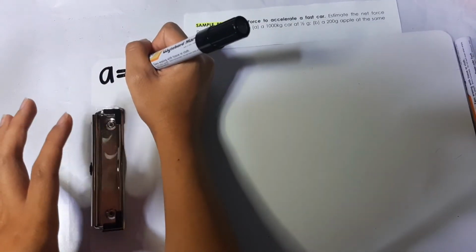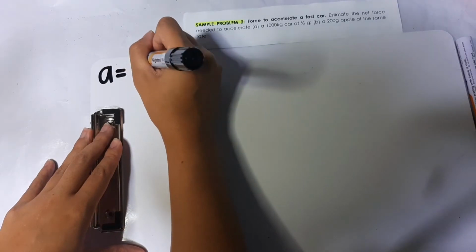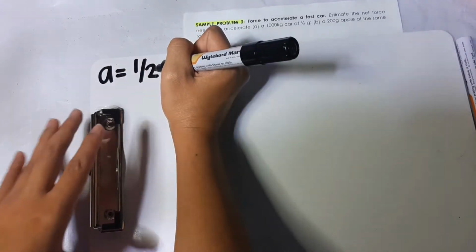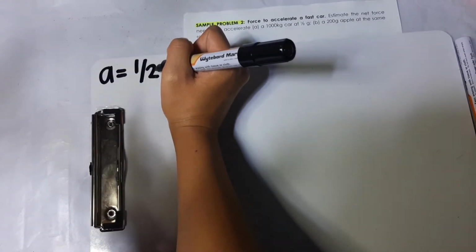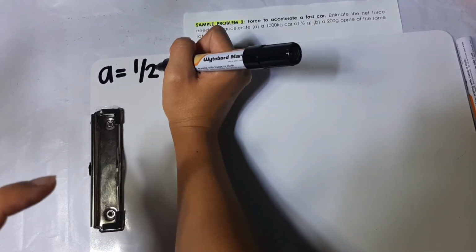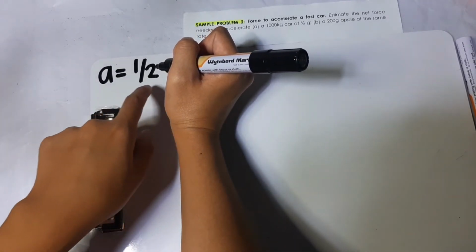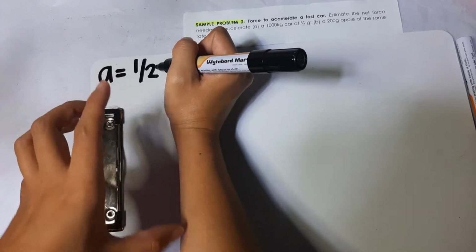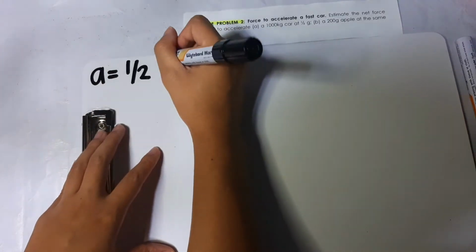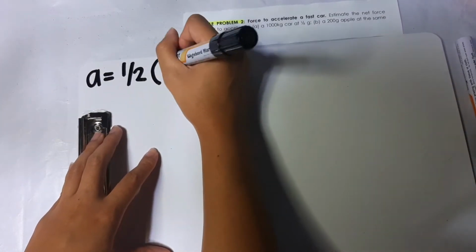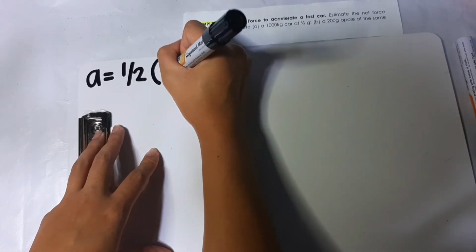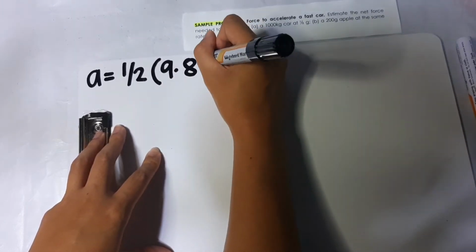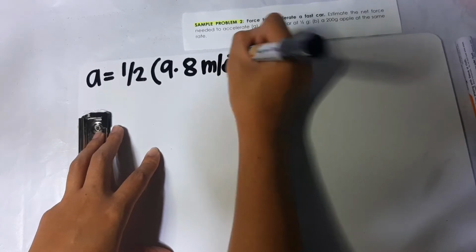Okay, so first let's write the given. Our acceleration is equal now to 1/2. The condition given in the problem is that the acceleration should be 1/2 of the original acceleration. So we need to get 1/2 of the 9.8, so that's 1/2 multiplied by 9.8 meters per second squared.